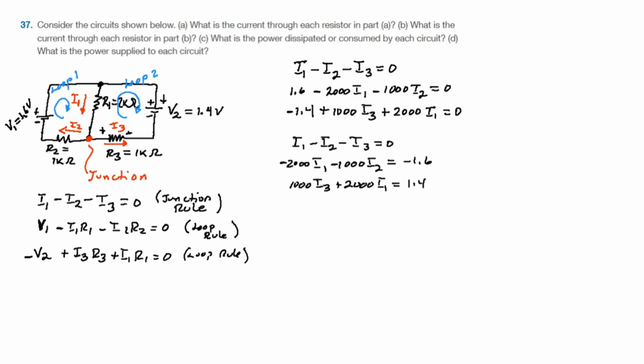You can multiply this equation by negative 1, so you get rid of all these negative signs. You can say I1 minus I2 minus I3 equals 0. 2000 I1 plus 1000 I2, because you will multiply everything times negative 1, is equal to 1.6. And later you say, reorganizing this a little bit, 2000 I1 plus 1000 I3 is equal to 1.4.